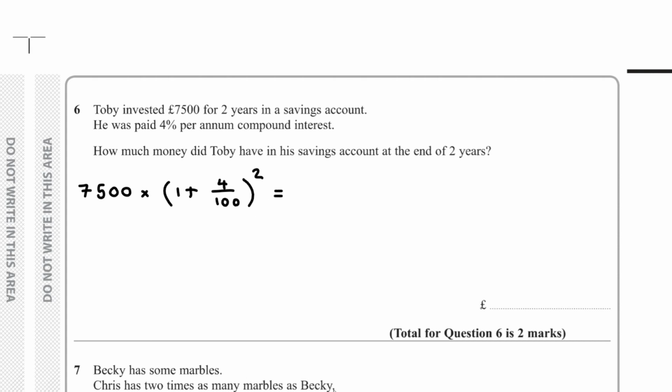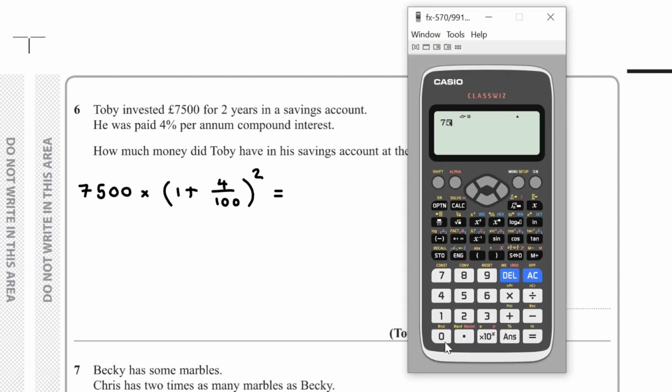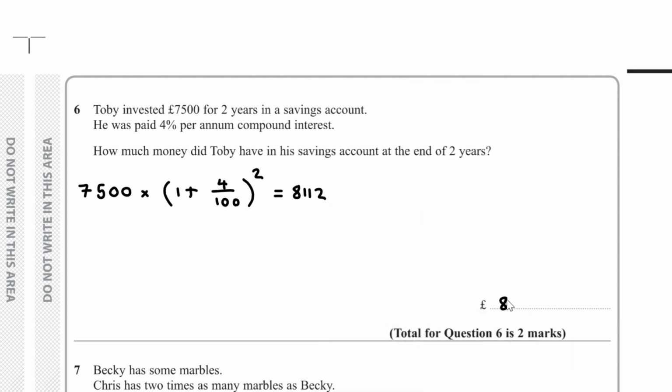So if we work this out, 7,500 times 1.04 to the power of 2, it turns out here we get 8,112. So therefore, he has £8,112.